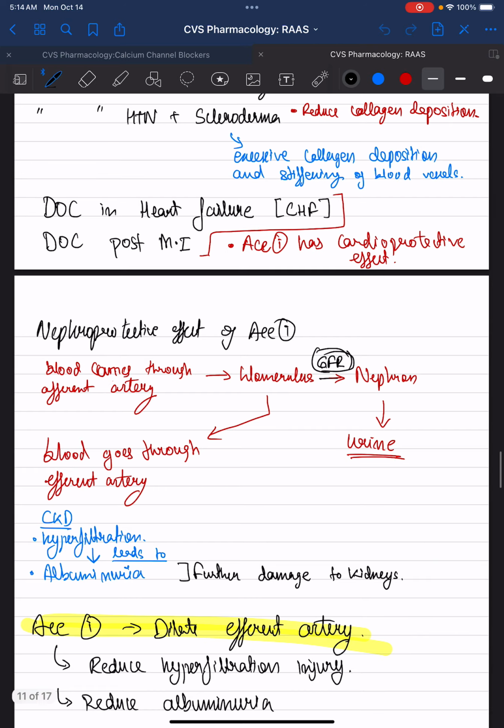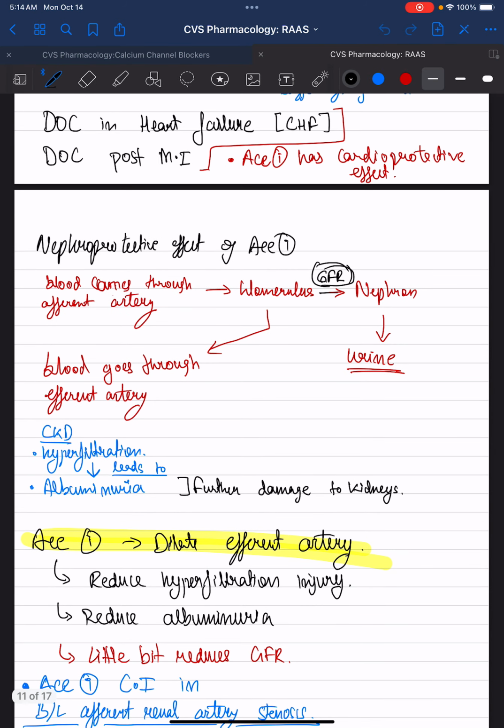So, what is the nephroprotective effect of ACE inhibitors? We saw that it is a drug of choice for the patient with hypertension in CKD, right?